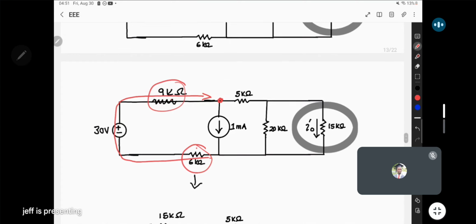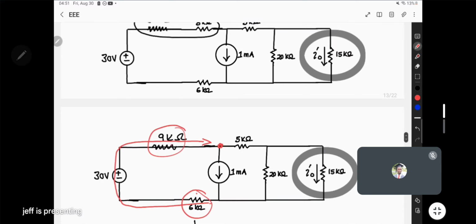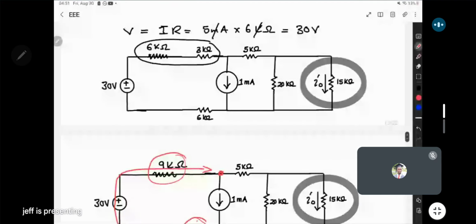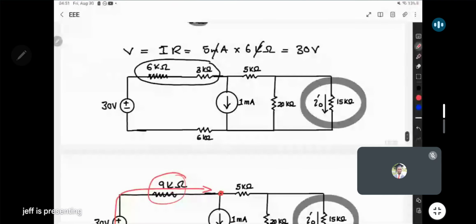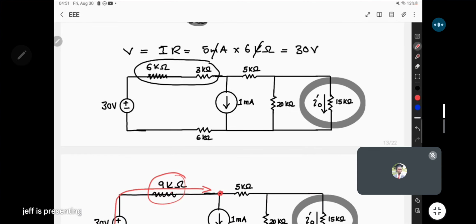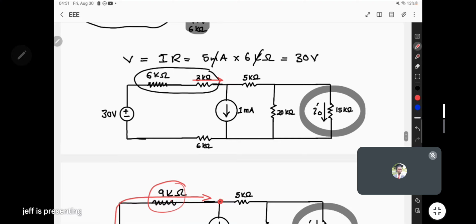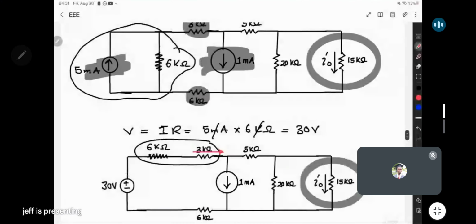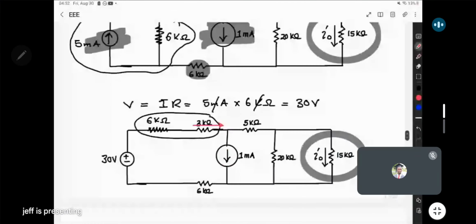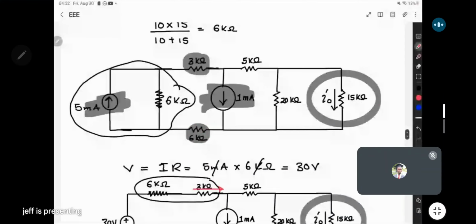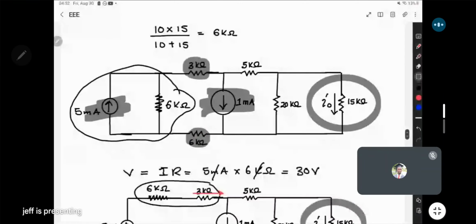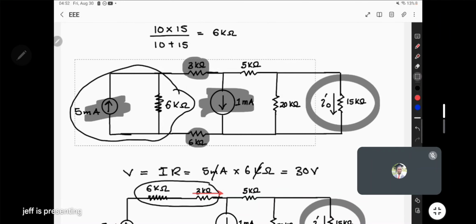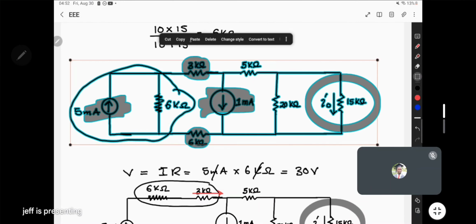What passes through that is also 1.525. And when we reverse them to the 9 being split to the 6 and the 3, since this is series, it still means that the current that passes through the 3 is still 1.525. So that is where we are. We now understand the current passing through the 3. So with that, we can skip to this circuit here. We're almost going towards the last one.